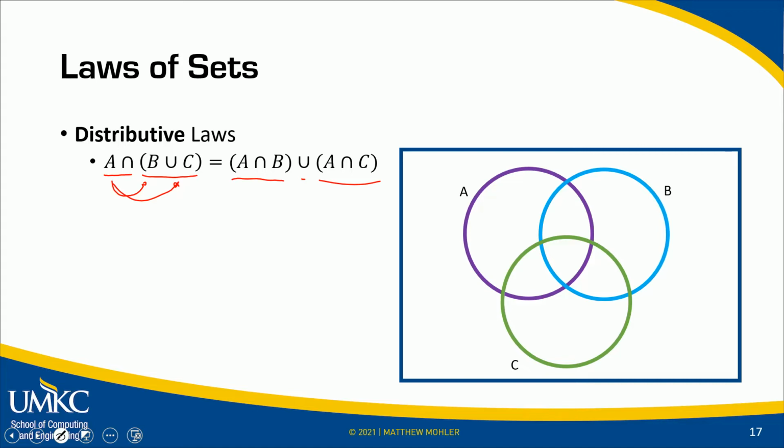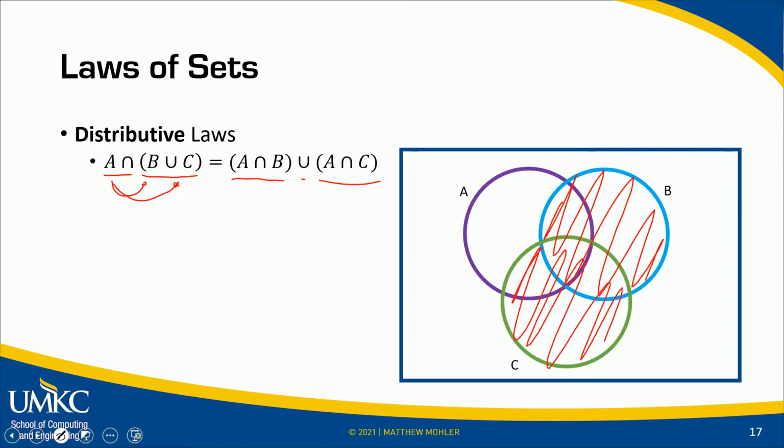If we first look at B ∪ C, we're looking at all of this area plus all of this area, and that is B ∪ C. Now, when we intersect that with A, all that we're going to be left with is the area where A is also there with this red shaded area. That is going to be this area here shaded in black.